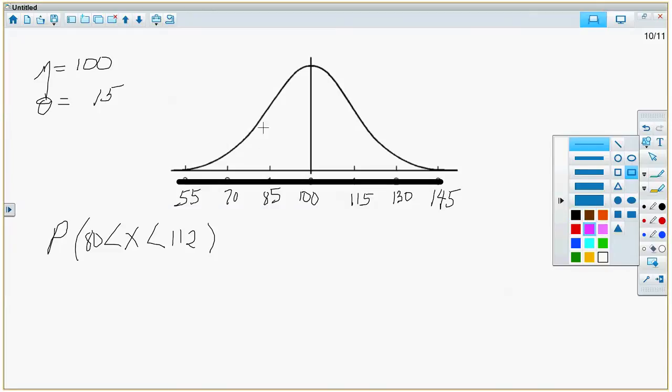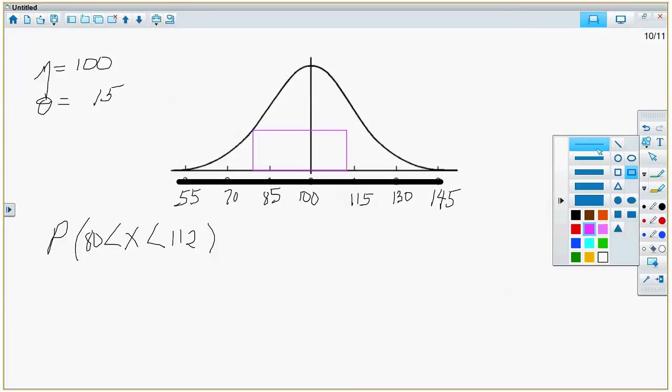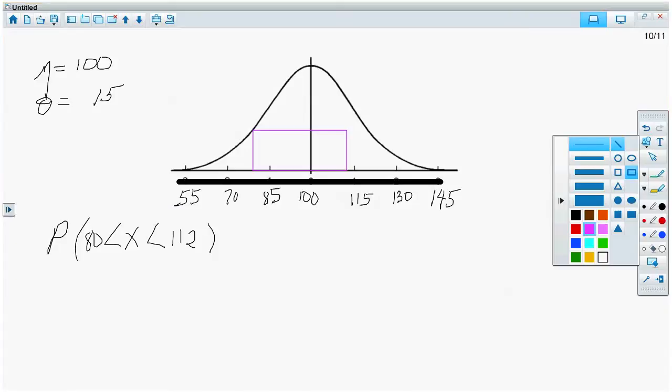I want to know the area between 80 and 112. Take my highlighter. I should have done a straight line, I'm sorry.